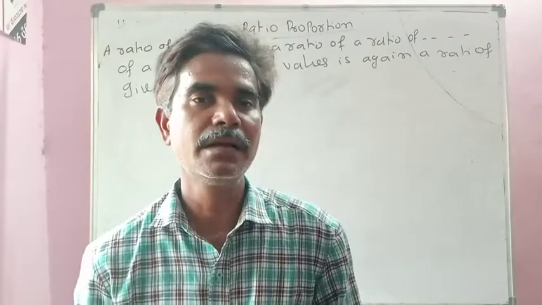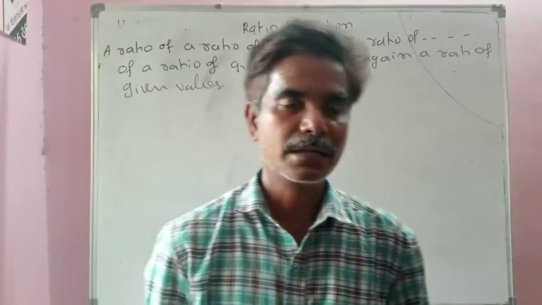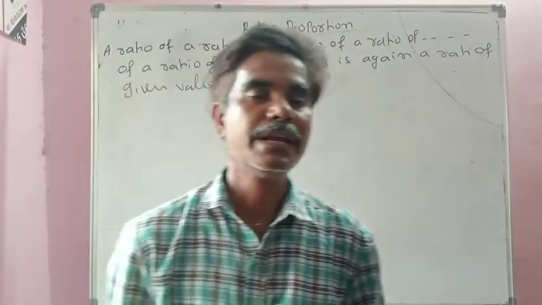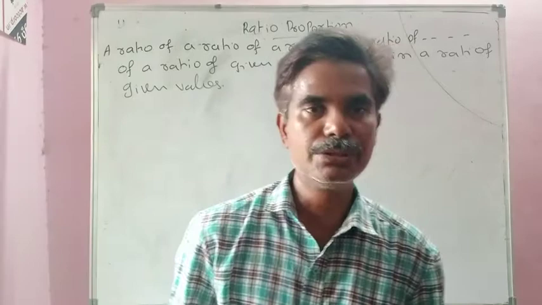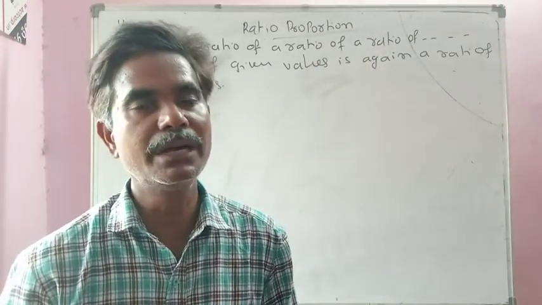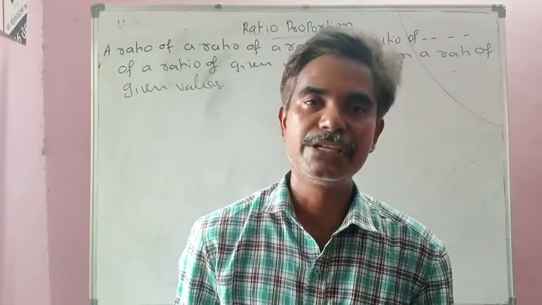In this session, let us explain the concept of ratio and proportion. A ratio of a ratio of a ratio, and so on. A ratio of given numbers is again a ratio.